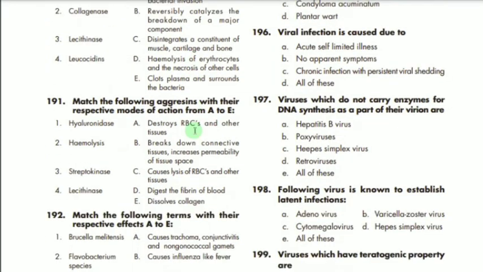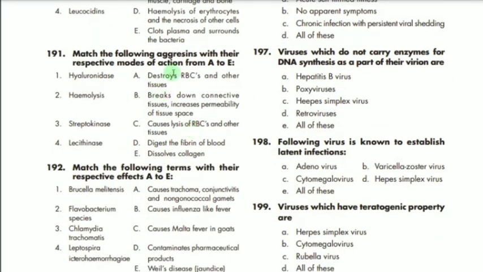Then we have the 191st MCQ, which says match the following agents with their respective mode of action, from A to E. The first MCQ says hyaluronidase. The correct option is B, breaks down connective tissue and increases permeability of the tissue space. Hemolysin.